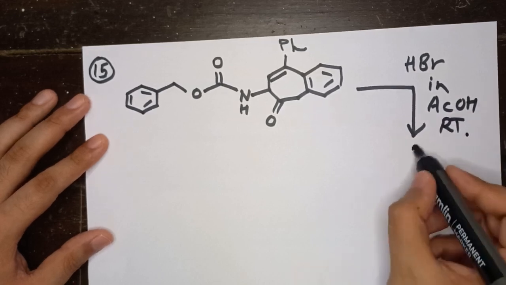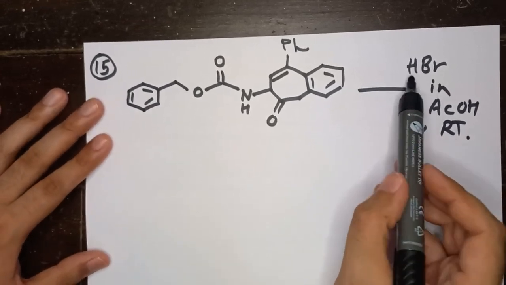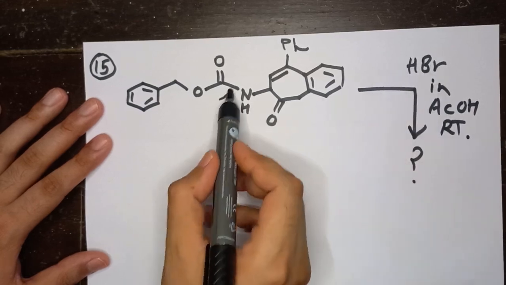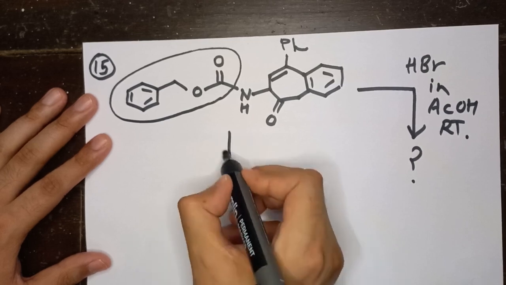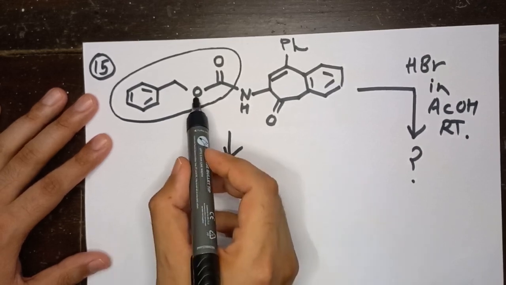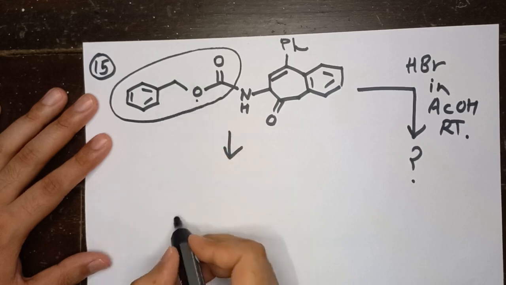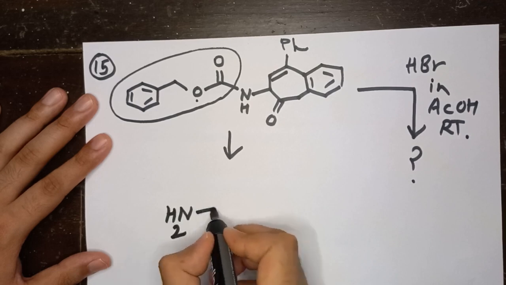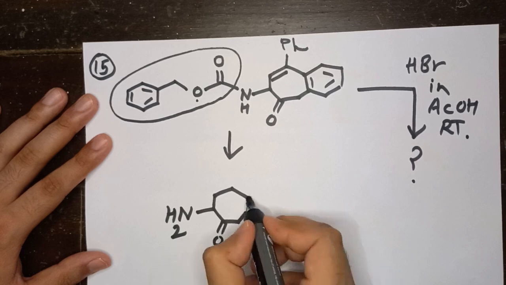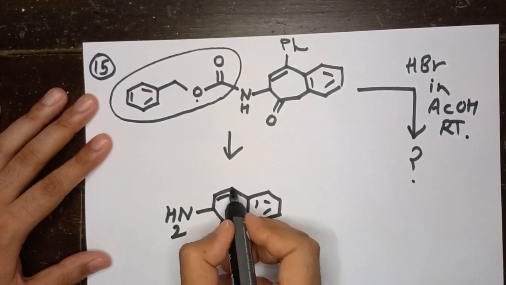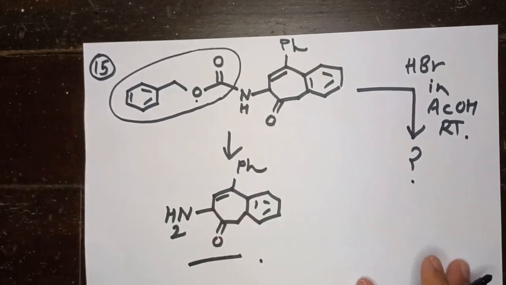So once again, this HBr is going to take away this whole group, first this oxygen will get protonated and then Br minus will attack here and this whole group is going to leave and the main product is deprotection. So this is the main product of this reaction.